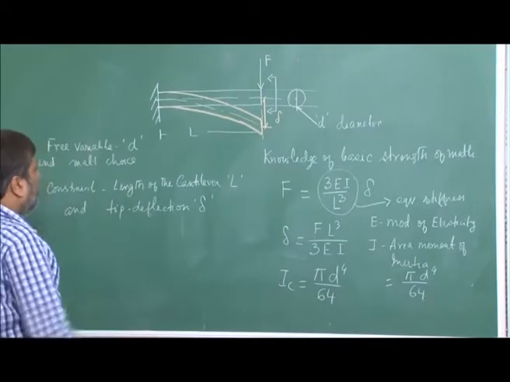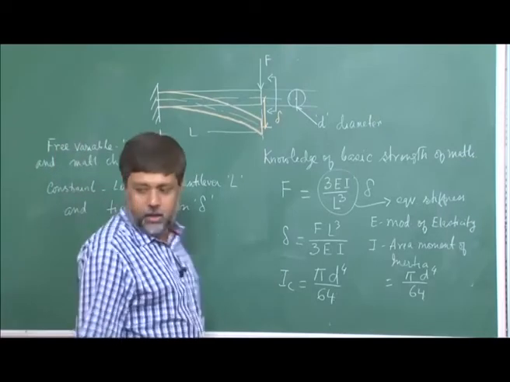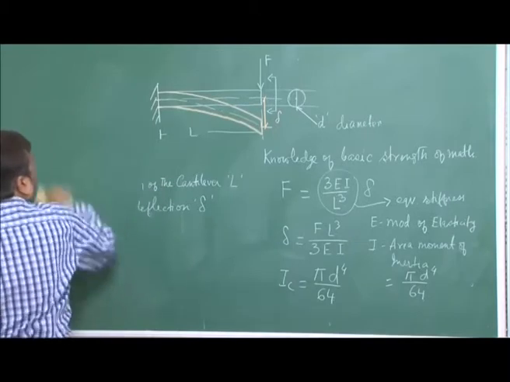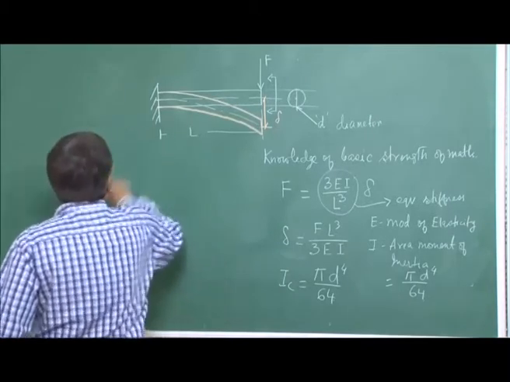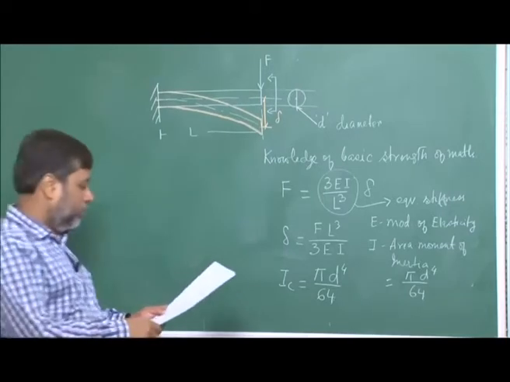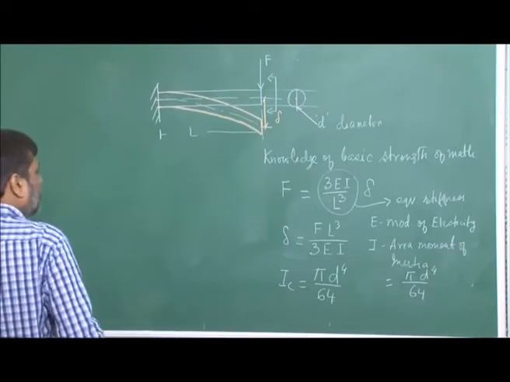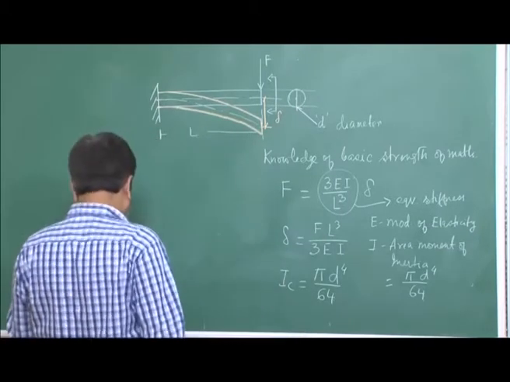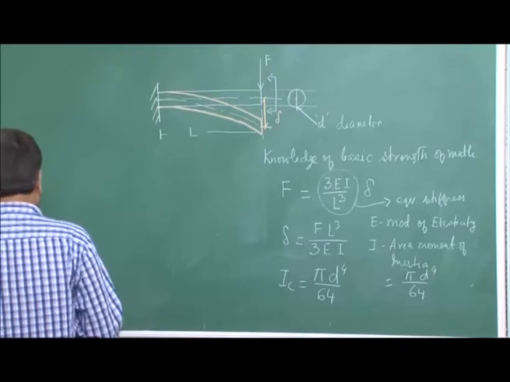Now, let us use all these facts together and carry out the analysis further to find something called the material index or the performance index. We already know that delta equals F L cube by 3EI.